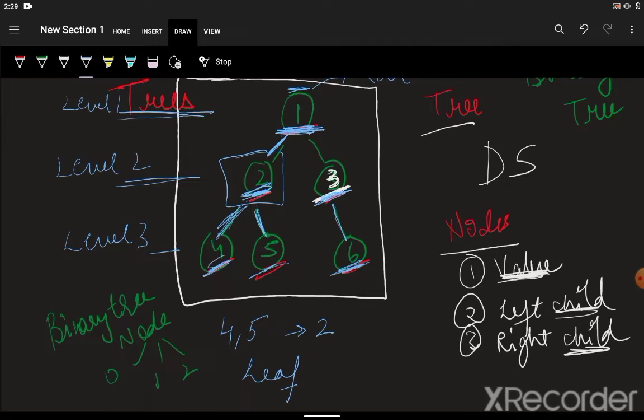This is a leaf node, and once again this and this are leaf nodes, and this is the root node. I have discussed the parent and child. Now let's understand what left and right are. Again it's very evident. If this is 2, the child present here is the left child, and the child present on the right is the right child.